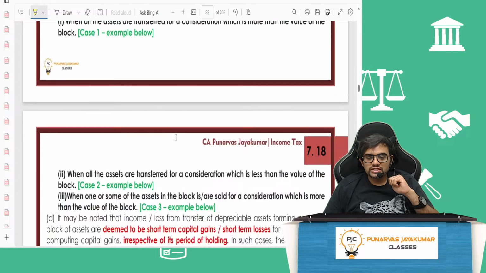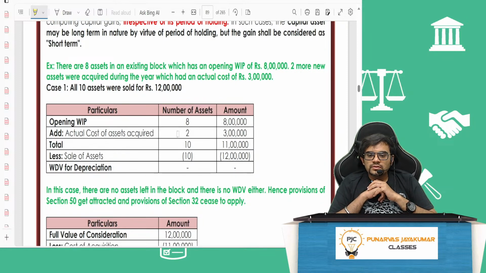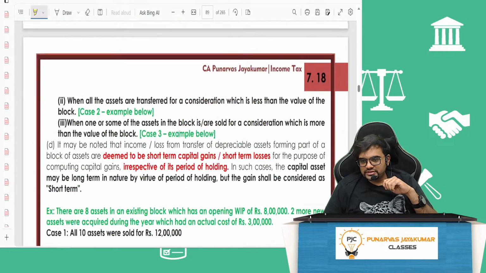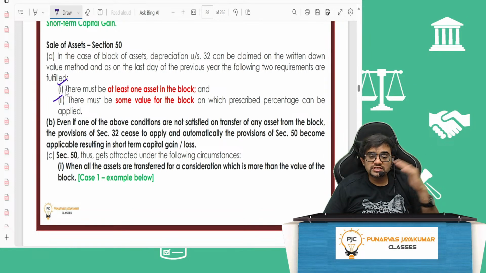Now coming to the sale of asset concept. In sale of assets, we should understand that WDV will come only if both conditions are there. Even if I sell, money is payable. When will the WDV concept remain?